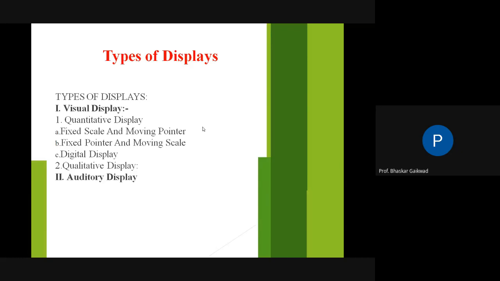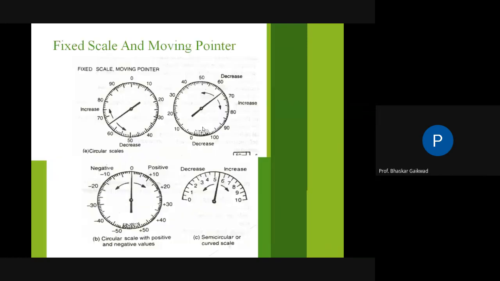Digital display on a petrol pump: how many liters of petrol will go into your bike's petrol tank, you have to see on the digital display. Then qualitative display. Here, auditory display means sound should be there, an alarm should be there. Here are some fixed scale and movable pointers, through which you will get the particular value.